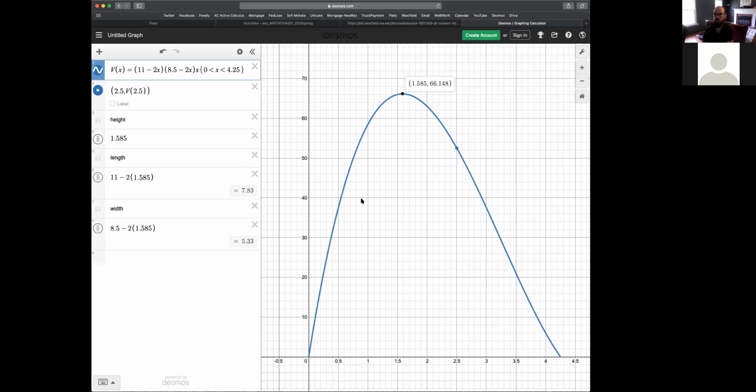Now, one thing that I want to point out here is it seems like these numbers could be an approximation. So we know that when we look at the Desmos graphing calculator, it rounds these numbers to 3 decimal places. So this could be rounded, right? So there could be more decimal places that go on here.